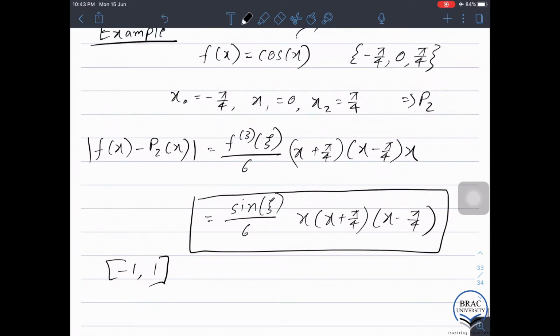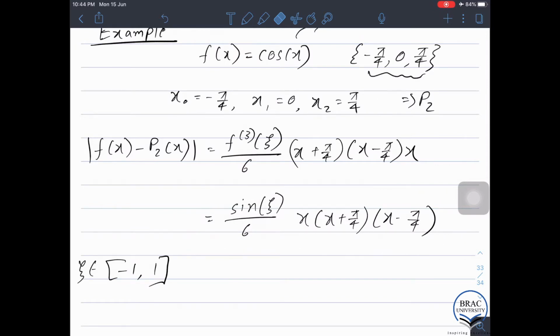So ξ belongs to this interval, and all of these three nodes also, because π is 3.14, so 3.14/4 would be less than 1. All right, so let's take this interval.